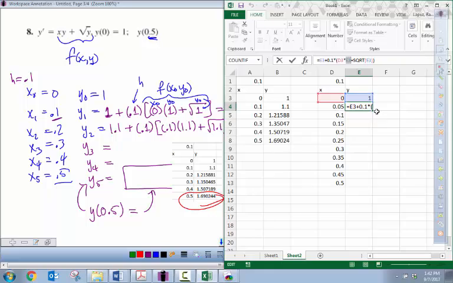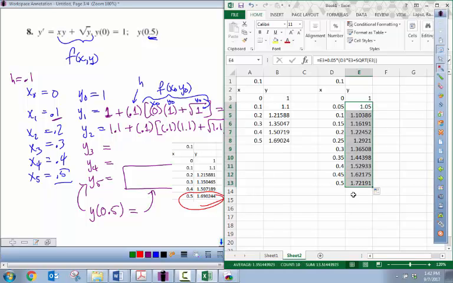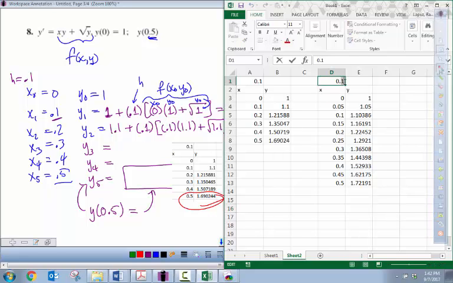Just copy and paste this and change my step size to 0.05. But everything else will remain the same. It'll just catch the 2 previous values. And then that'll bring me to 1.7219 for 4 decimal places when the step size is 0.05.